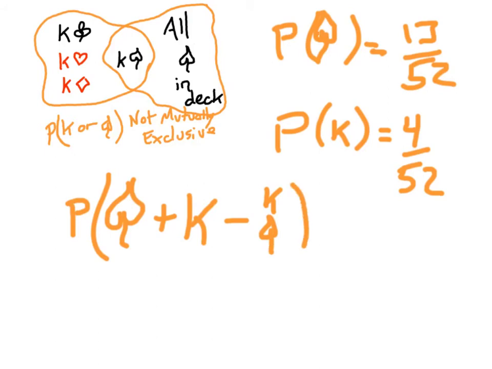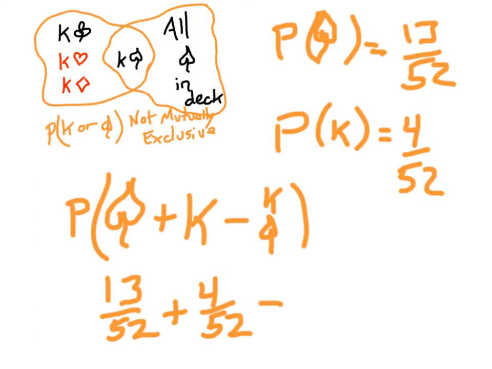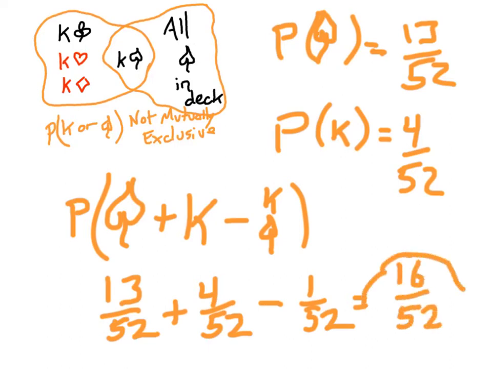So what you actually end up doing is 13 over 52 plus 4 over 52. And then you have to subtract back out the overlap, which is 1 out of 52. So the actual answer there would be 16 out of 52.